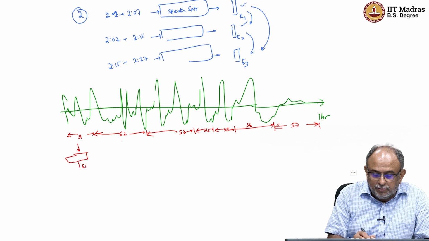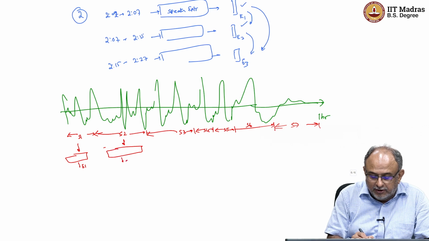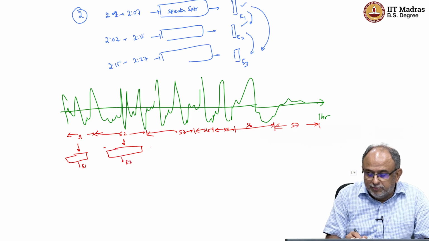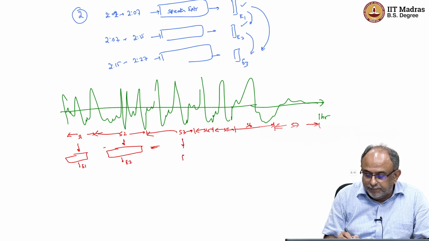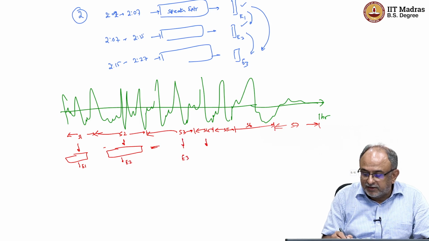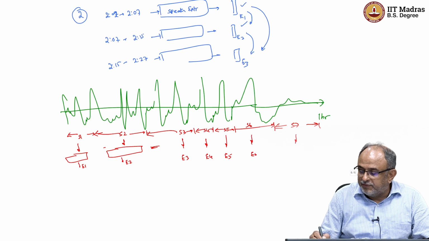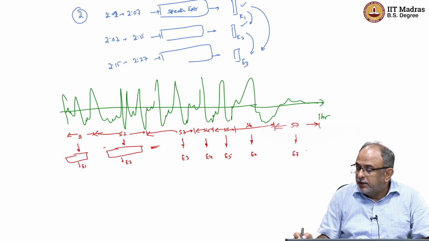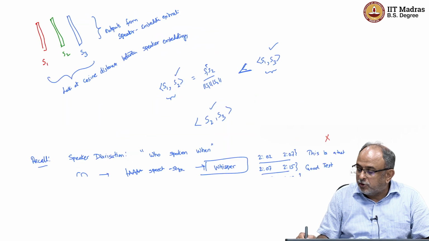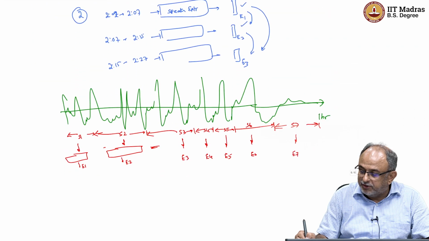From here I will extract embedding vector 2, from here E3, from here E4, from here E5, E6, and E7. Now I am going to use a concept called agglomerative clustering.